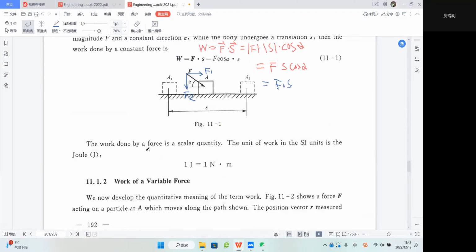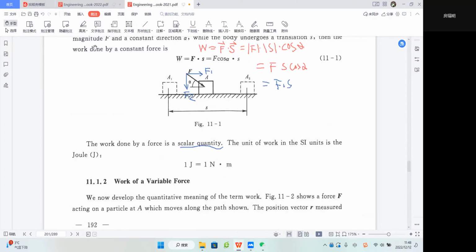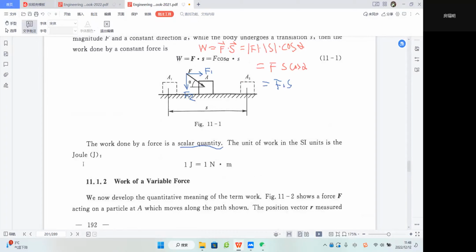So work done by force is a scalar quantity. That means this quantity only has magnitude, not direction. The unit of work in the SI units is the joule. I don't know how to read it in English. Maybe joule, right?